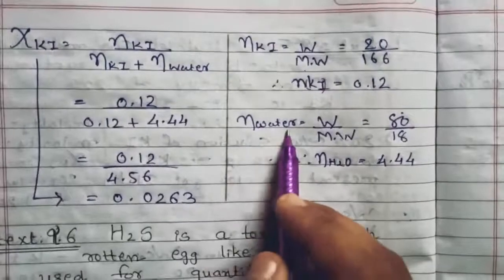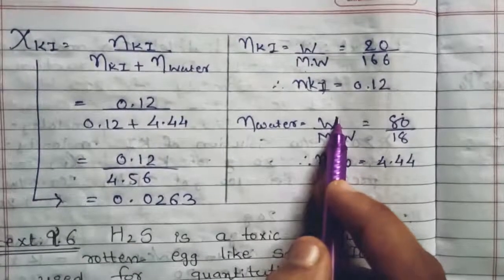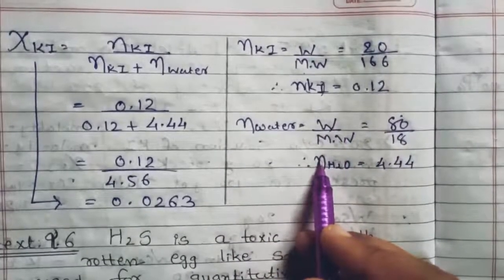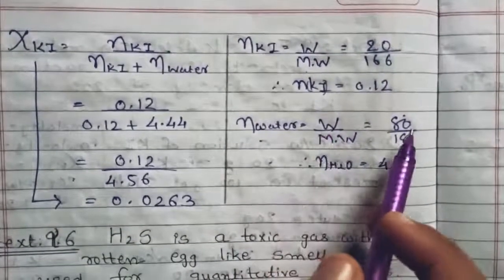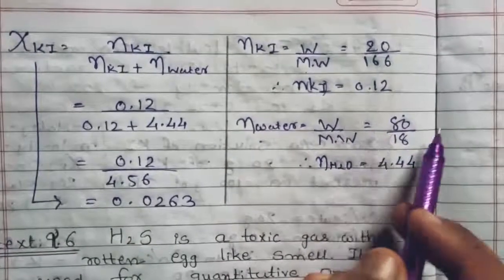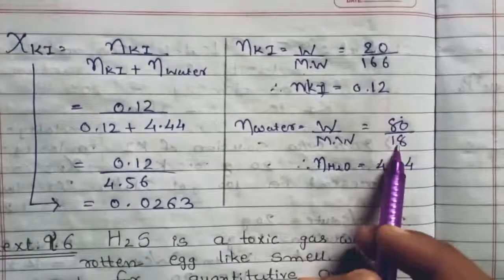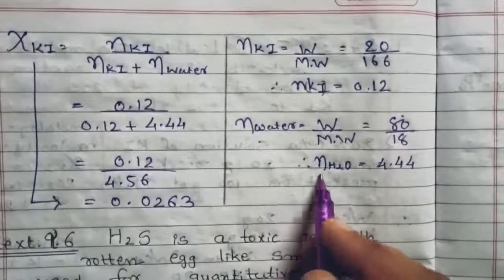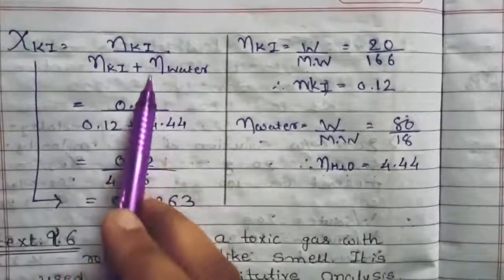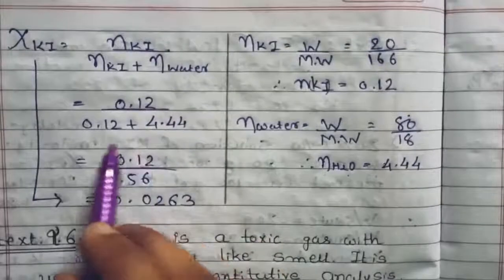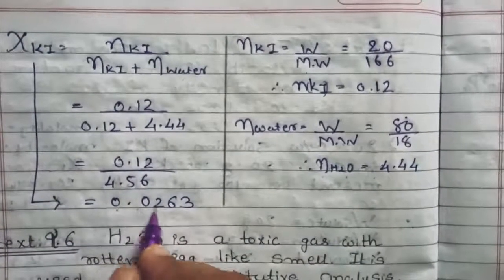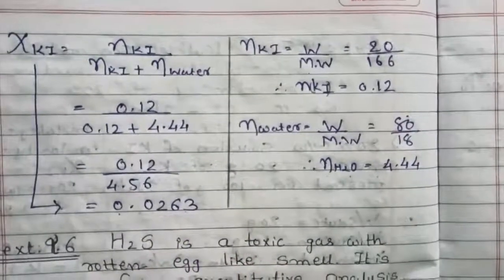Now moles of water equal to mass of water divided by molar mass of water. Here the mass of water, our solvent, is 80 divided by 18, its molar mass. So you will get the moles of water equal to 4.44. Replace the values of moles of KI and moles of water, and if you simplify, you will get the mole fraction of KI as 0.0263. Do you understand?